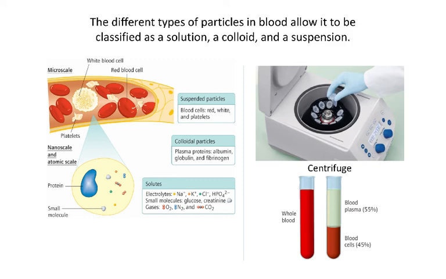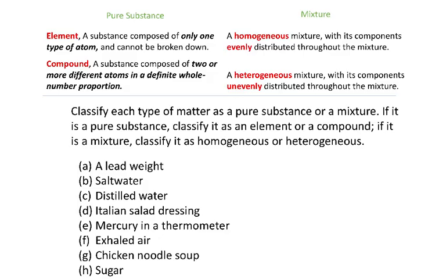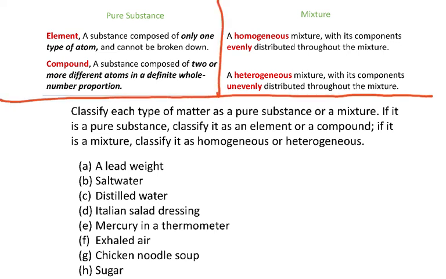Okay, I have some questions for you, just to kind of check here. So remember, I have across the top here, remember what a pure substance and a mixture are. And then remember that those can be broken down further. A pure substance can be an element or a compound, and a mixture can be homogeneous or heterogeneous.